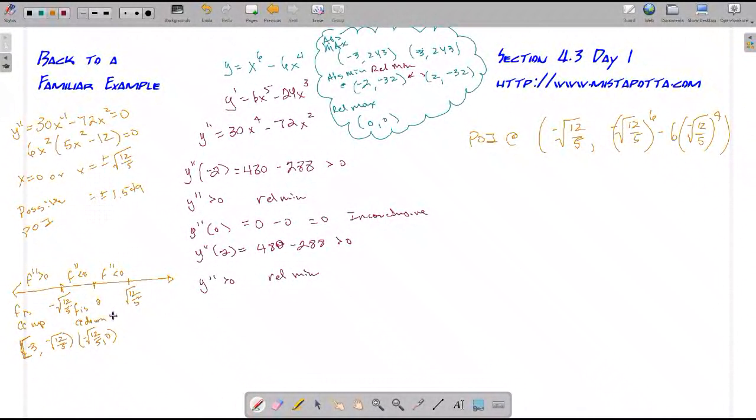So I am still concave down on this interval from 0 to root 12/5, and so that means that this is not a point of inflection location, because the concavity doesn't change. I'm concave down, I'm still concave down.